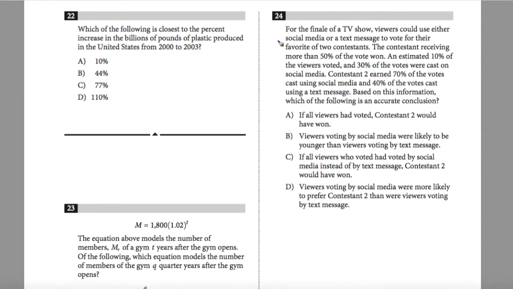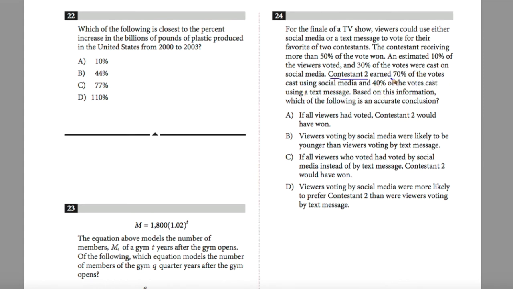For question 24, for the final of a TV show, viewers could use either social media or a text message to vote for their favorite 2 contestants. The contestant receiving more than 50% of the vote won. An estimated 10% of the viewers voted, and 30% of the votes were cast on social media. Contestant 2 earned 70% of the votes cast using social media and 40% of the votes cast using a text message.